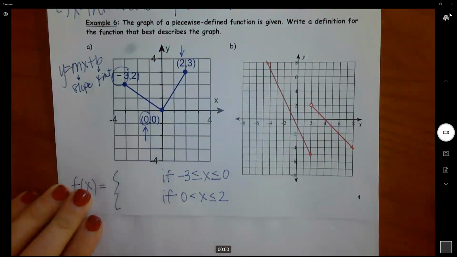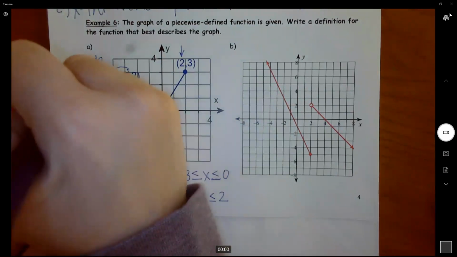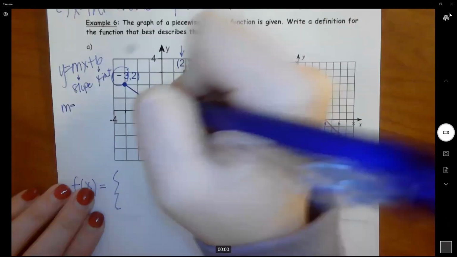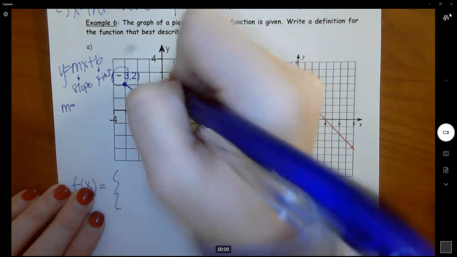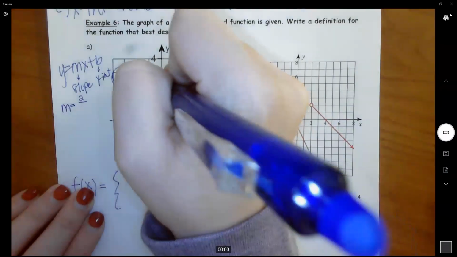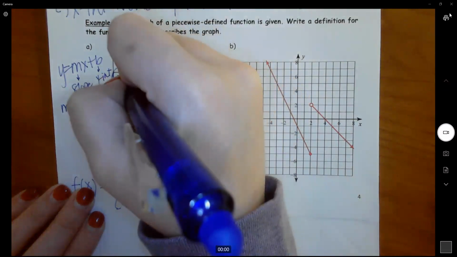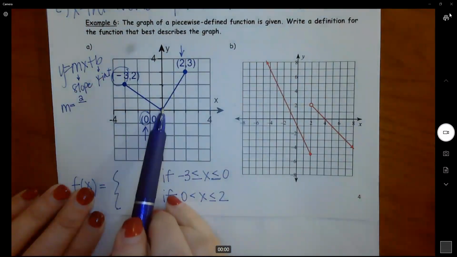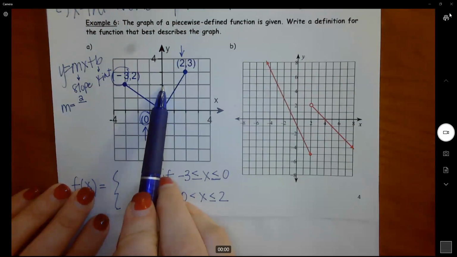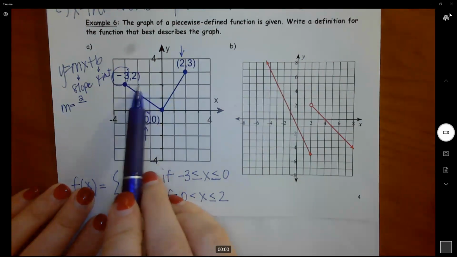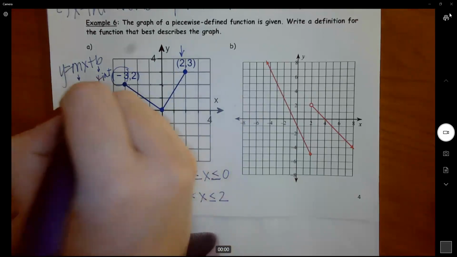So on this first one here, my slope is from this point to this one. We're going to rise up 1, 2, and then we're going to go to the left 1, 2, 3, which is a -3.